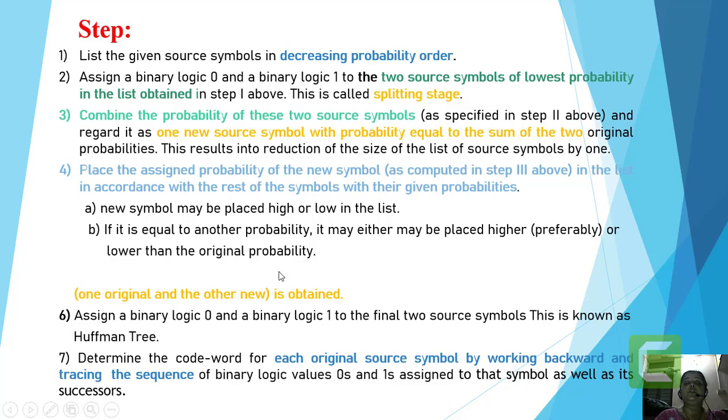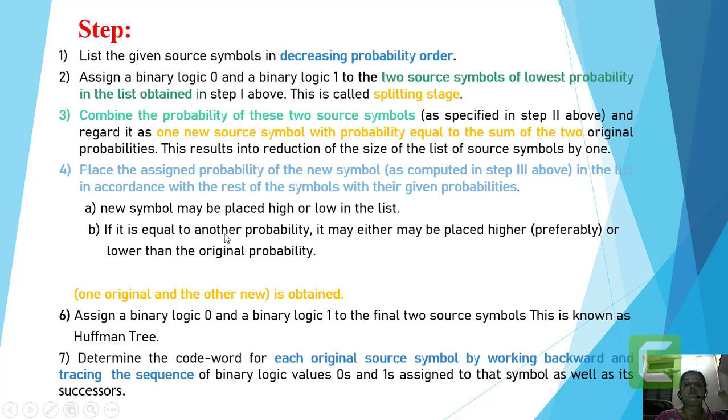But while doing this, we may have two conditions. Either the newly obtained symbol probability will be higher or lower compared to the probabilities existing in the given source set, or the obtained probability may be equal to another existing probability in the given set.